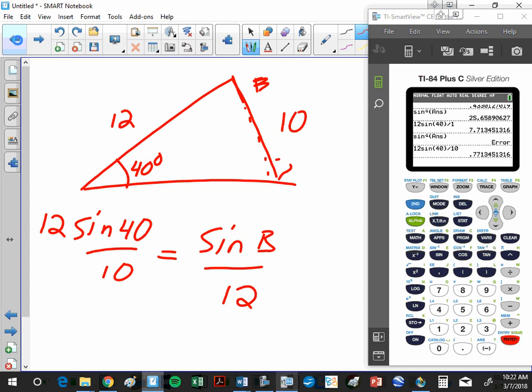I invert the sine of the answer, and I get 50 degrees. Okay? Then I go ahead and I find the rest. Okay? Where is the second triangle? That's the part that really confuses people. Where is the second triangle? Well, you have to remember that this angle can pivot. Okay?